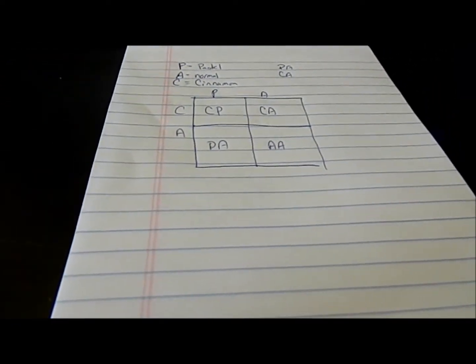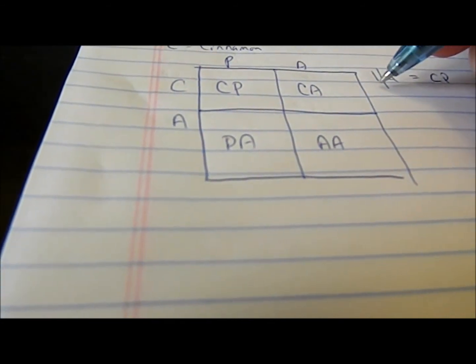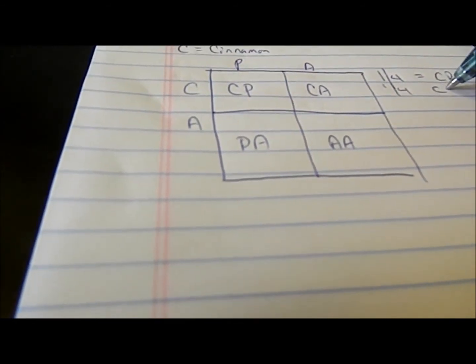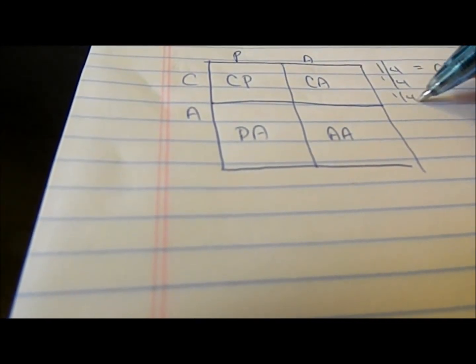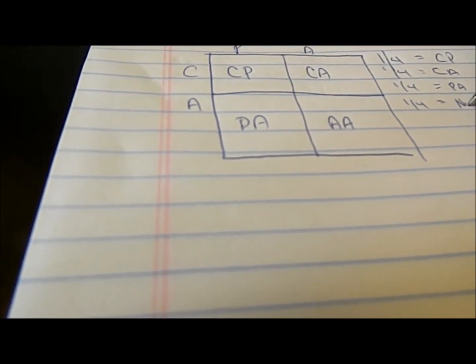Anyway, what I was saying, it's percentages. If you look at this, 1 out of 4 will equal a pastel, or a pewter. 1 out of 4 cinnamon, 1 out of 4 is going to equal pastel, and 1 out of 4 is going to equal normal.